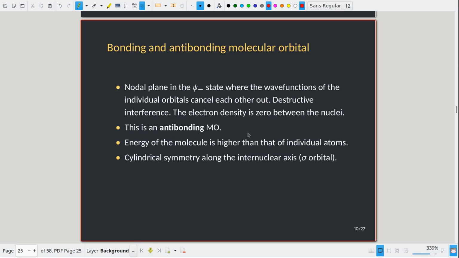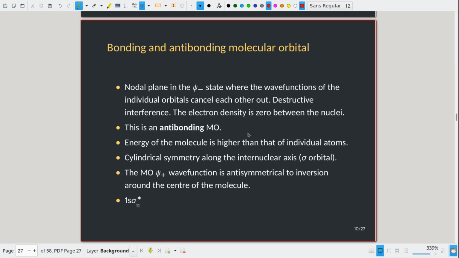Okay, so we call that ungerade, so we indicate that with the letter u. So in this case we've got a molecular orbital which is 1s, because again it's formed by 1s atomic orbitals.